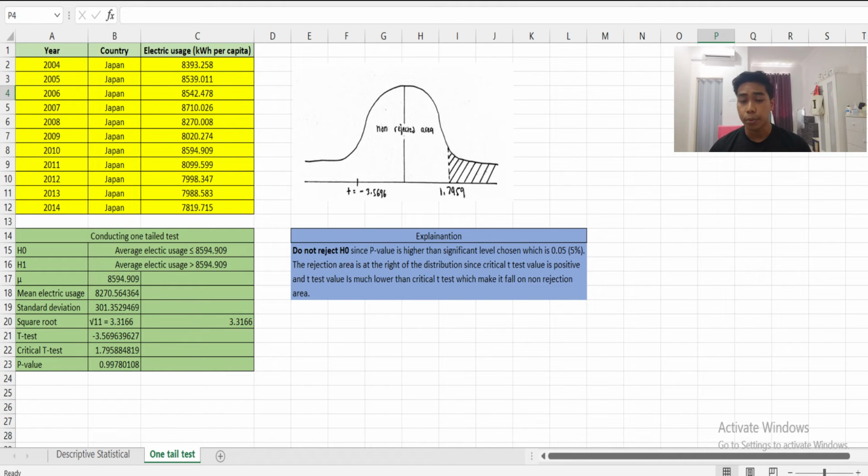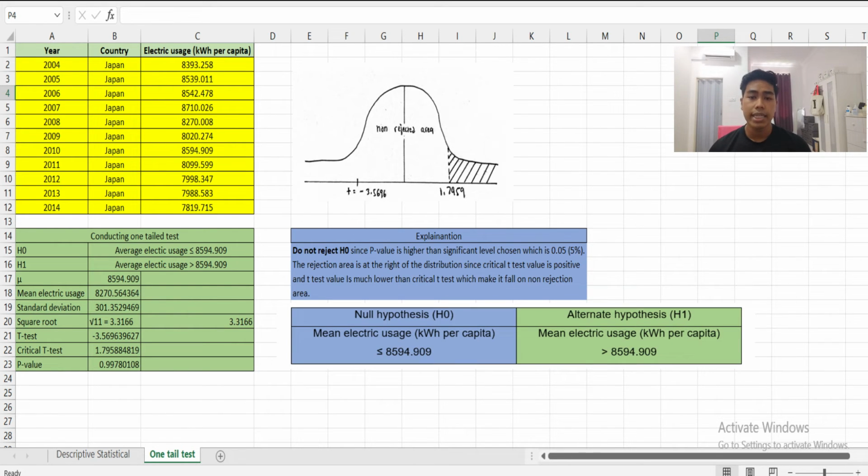The first step in the hypothesis test is to identify the null hypothesis, H0, and the alternate hypothesis, H1. My null hypothesis is that the mean is less than or equal to 8,594.909, and my alternate hypothesis is that the mean is more than 8,594.909.